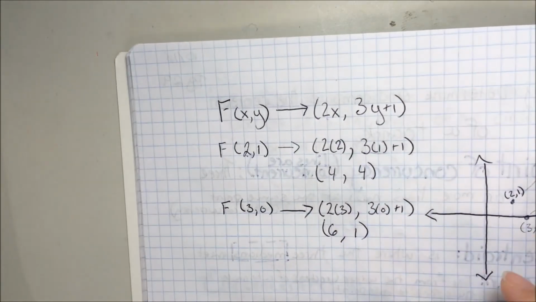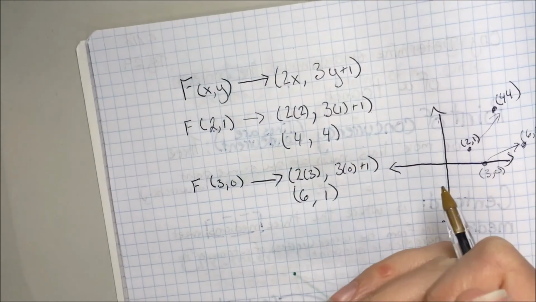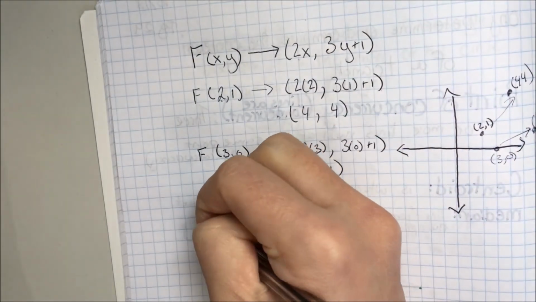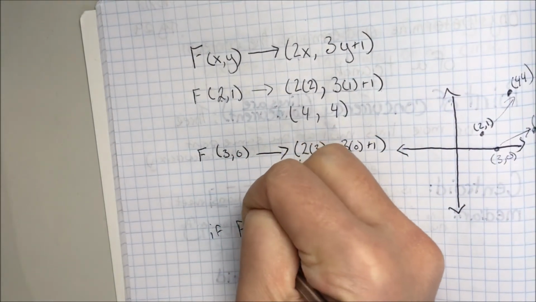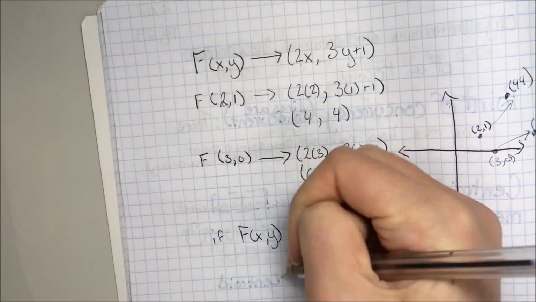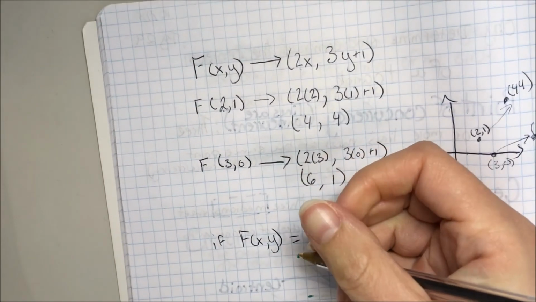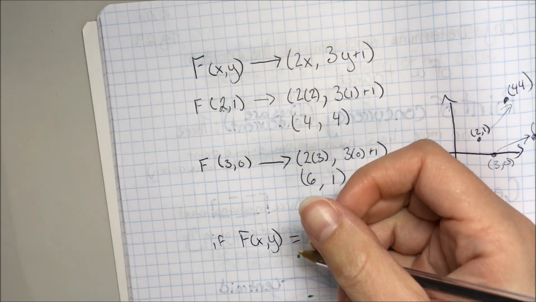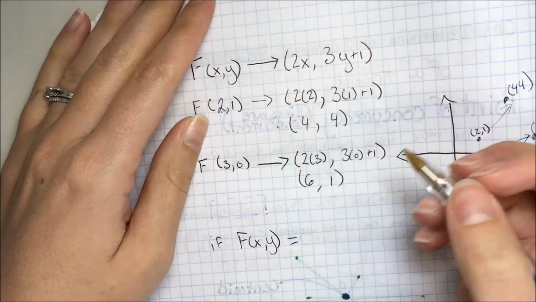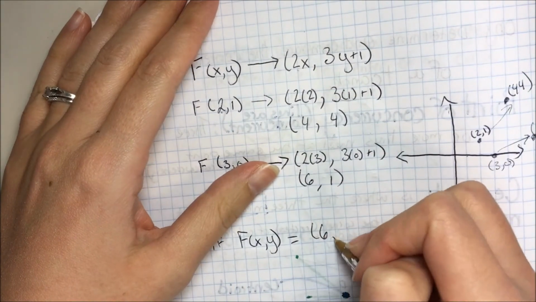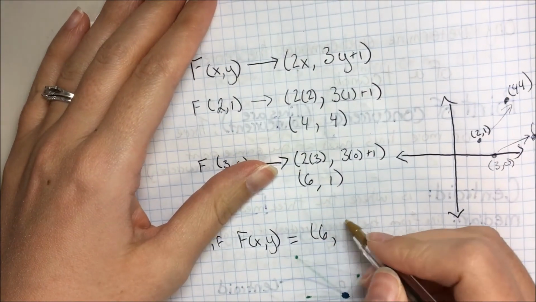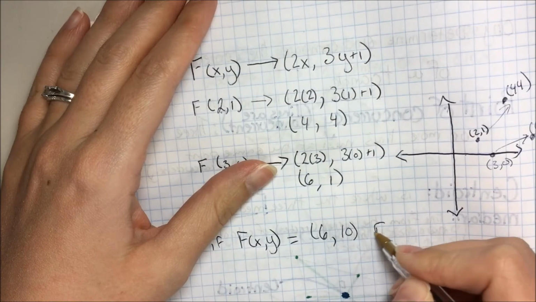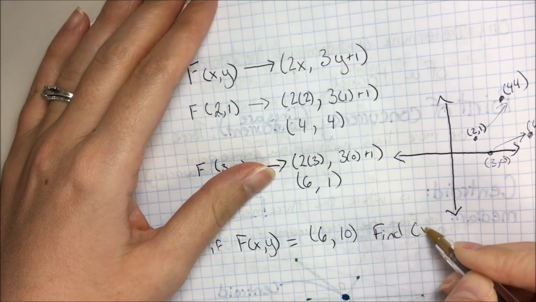Okay. They could also go backwards. They could say, if f of x, y is, say, 6, comma 10. Find xy.